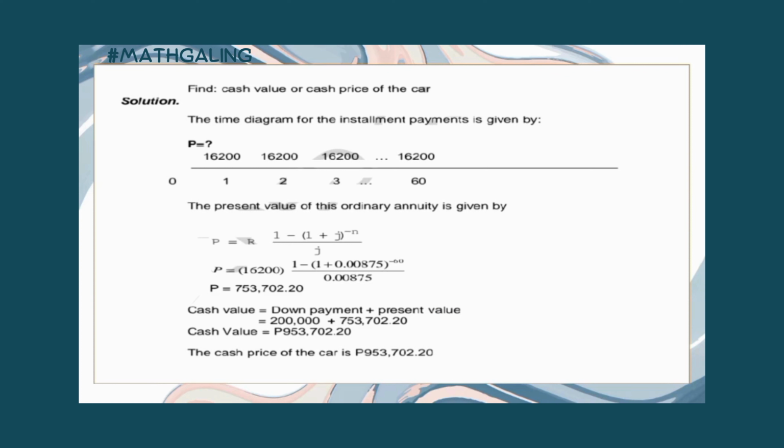So the cash value is equal to 953,702 and 20 centavos. So the cash price of the car is 953,702 and 20 centavos.